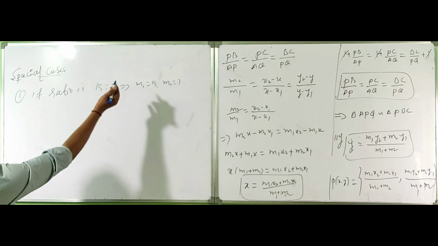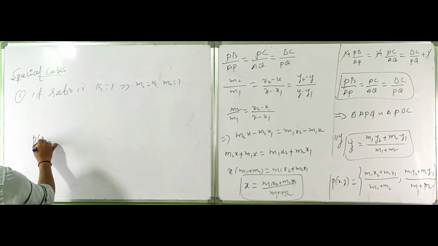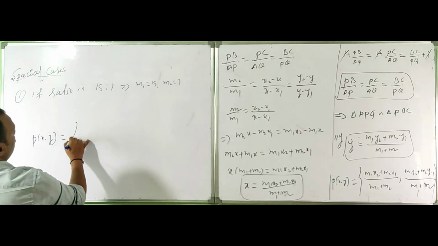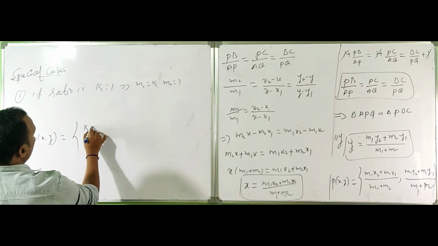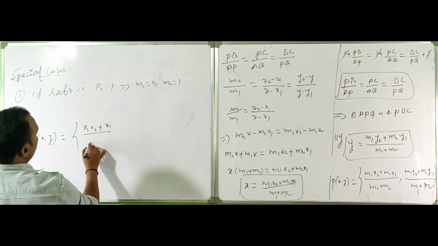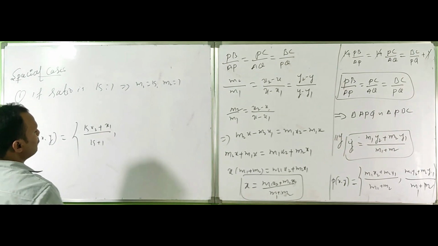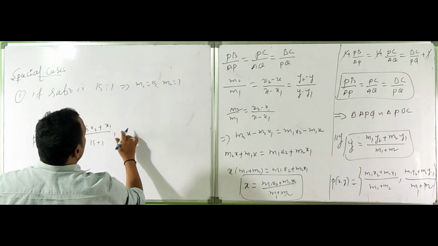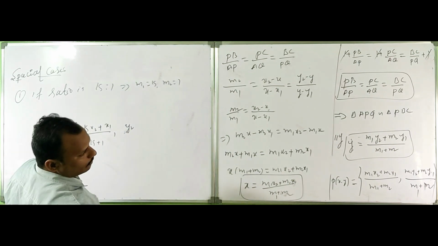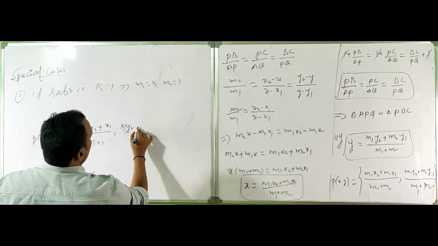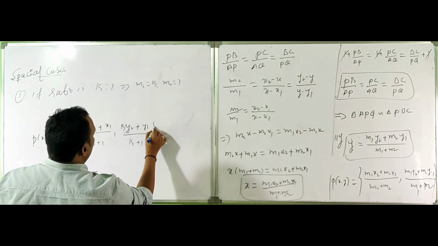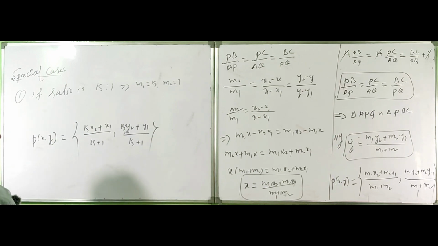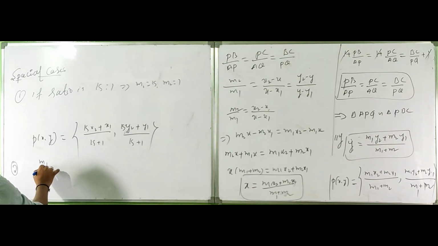Therefore the formula becomes: P(x, y) is k x2 plus x1 divided by k plus 1, and k y2 plus y1 divided by k plus 1.